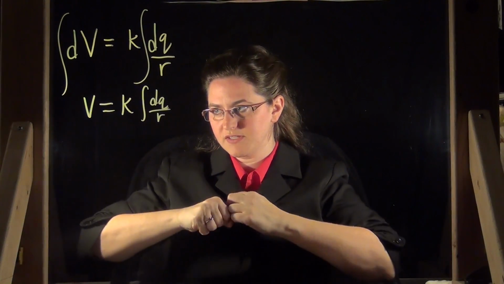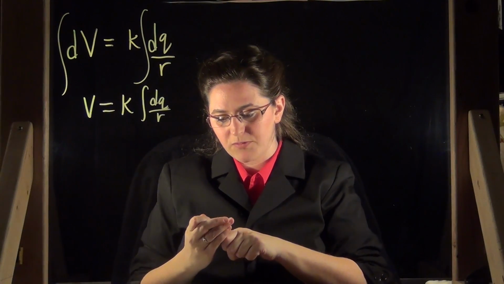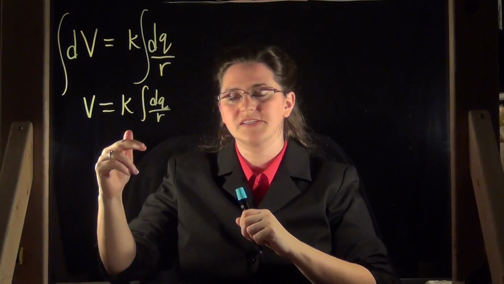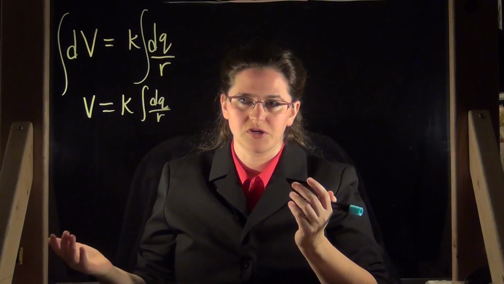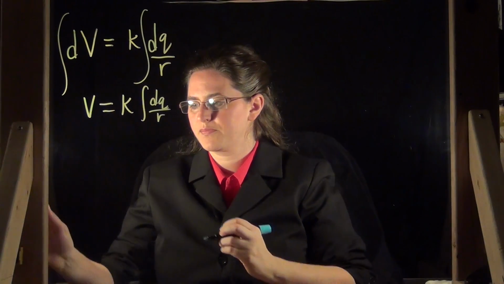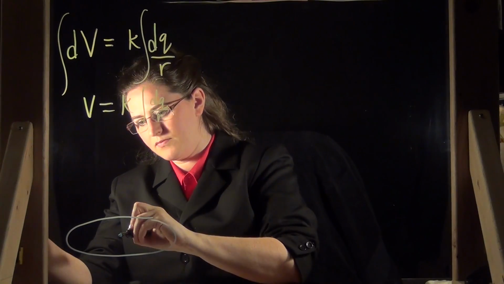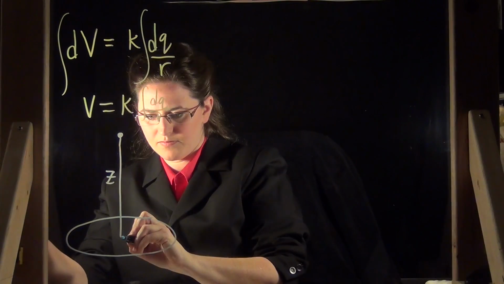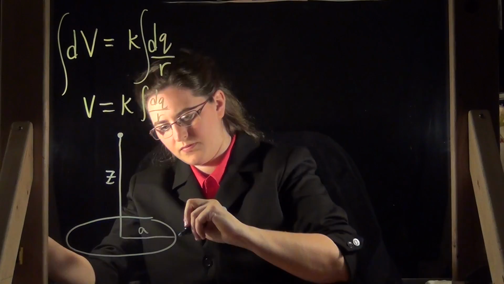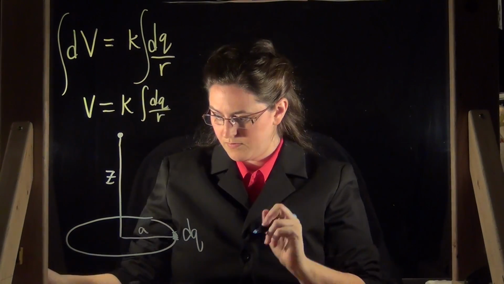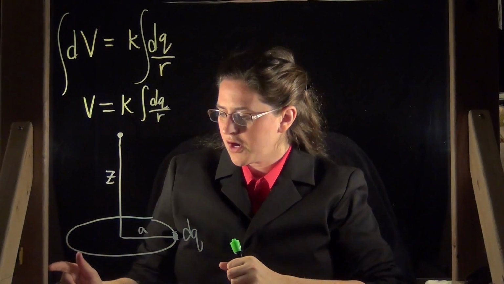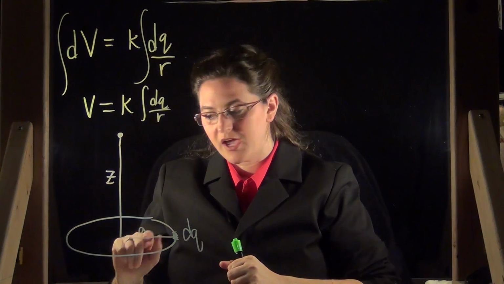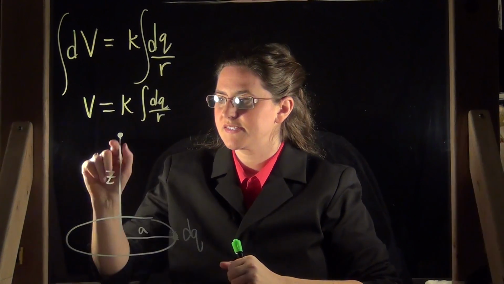So let's draw it with radius a, and we want to find the potential at a distance z above this ring of charge. And let's say that the ring of charge has total charge Q, big Q. All right, so we've drawn our ring of charge, and we have it a distance z up.